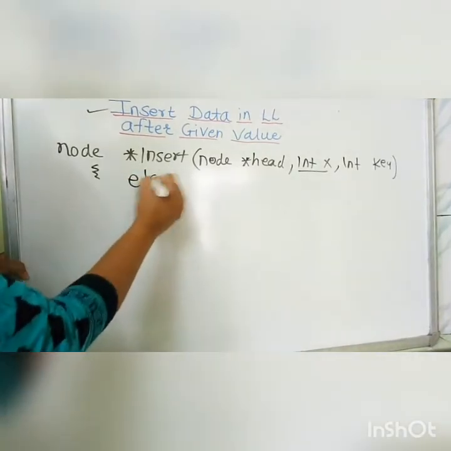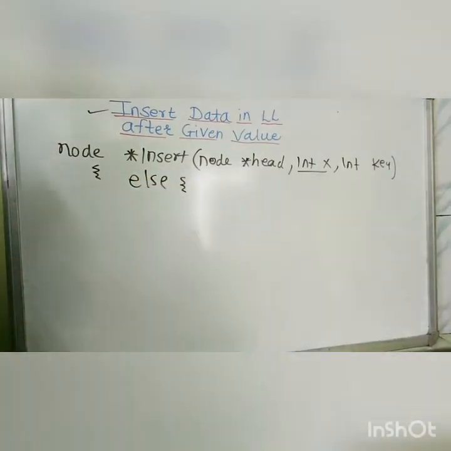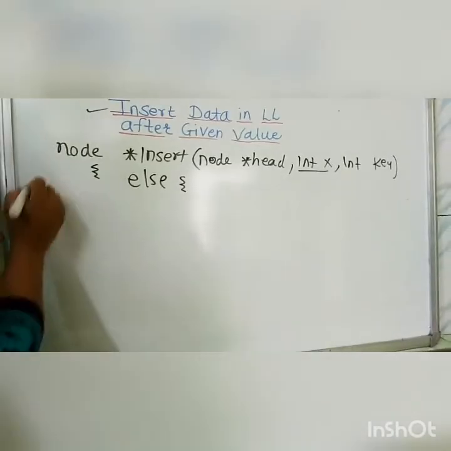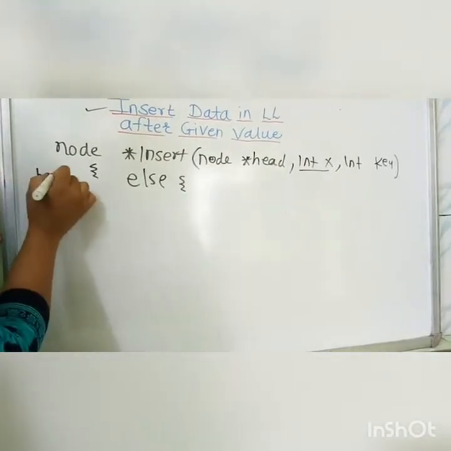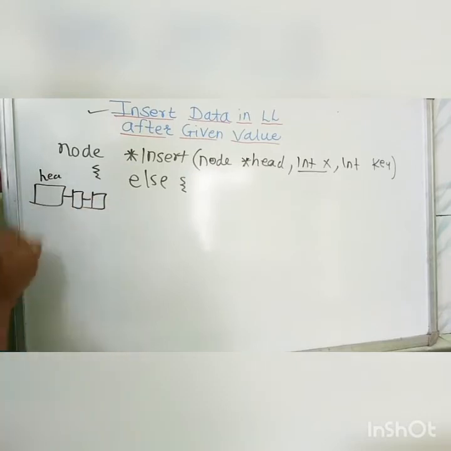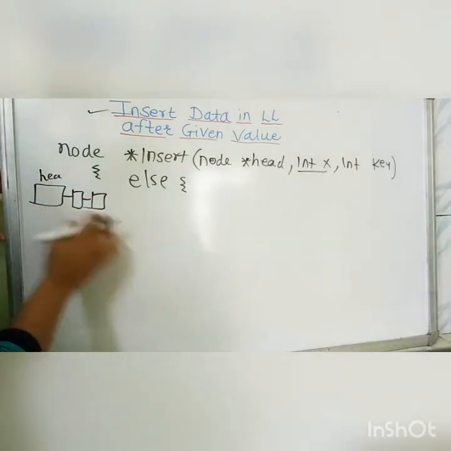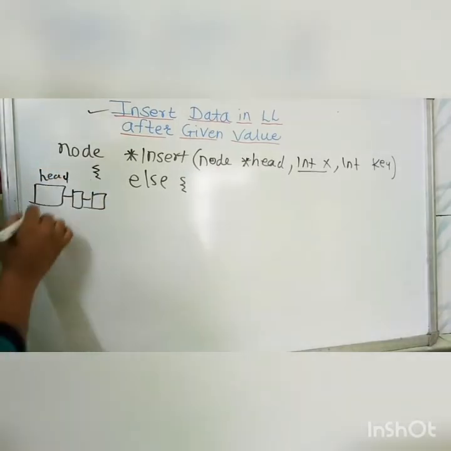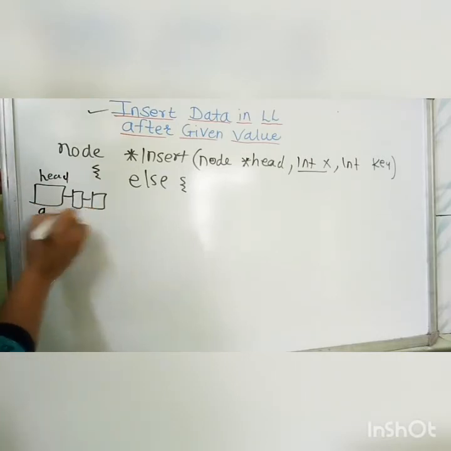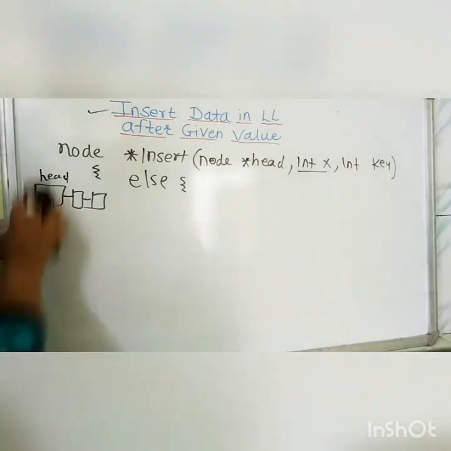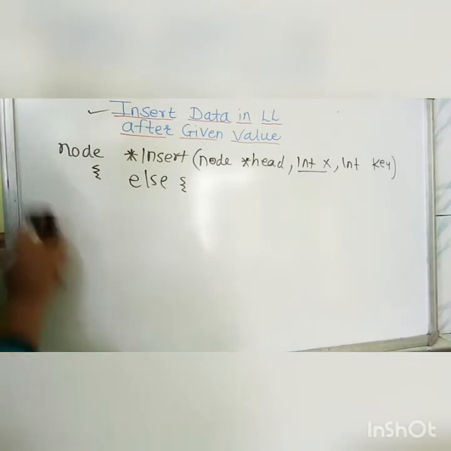So we will apply the loop. Now suppose it is a head node and this is the list. If we have to traverse a list, the head node will always be there. So we have to traverse the list, we have to take a new pointer, that we named q.